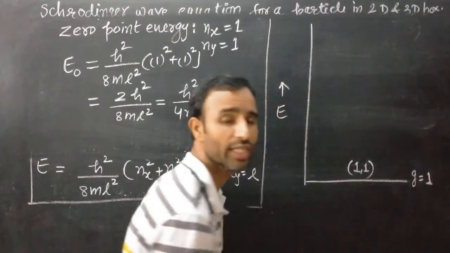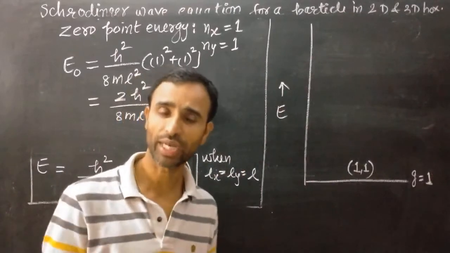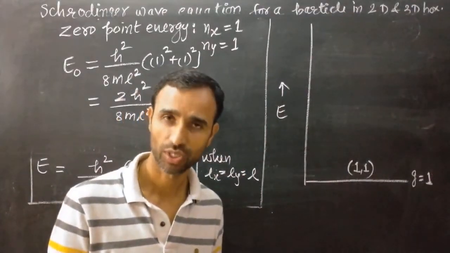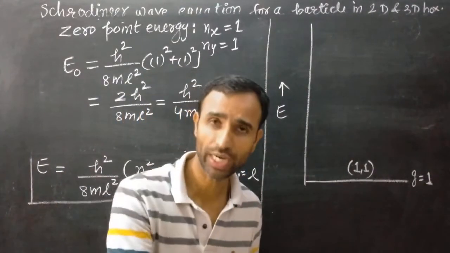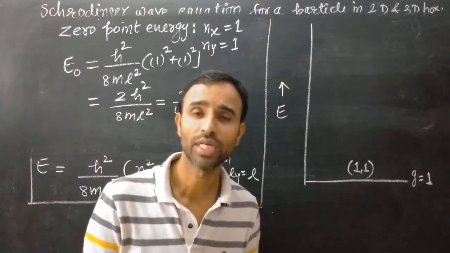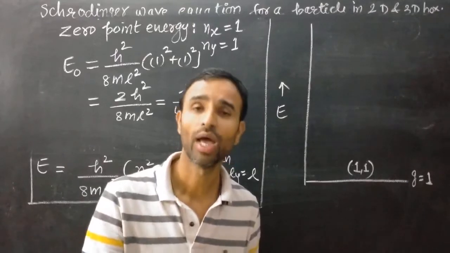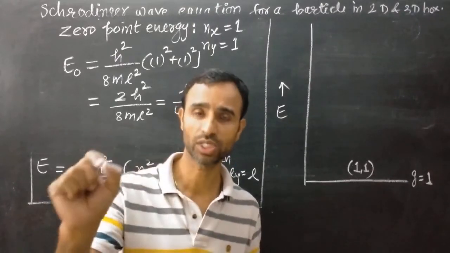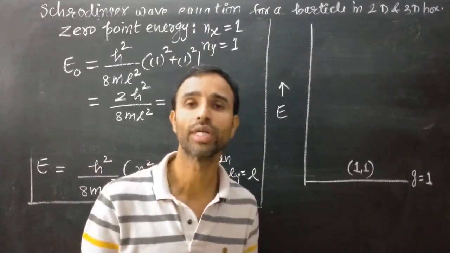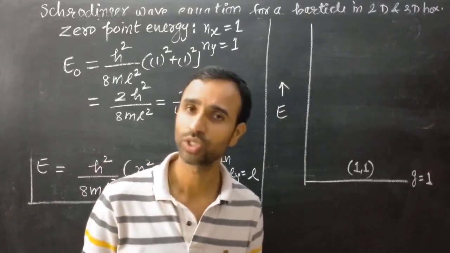What is degeneracy? Actually, there are different states having the same energy. If there are different states having the same energy, those states are called degenerate states. Okay, and the number of states having the same energy is called the degeneracy of that particular state.